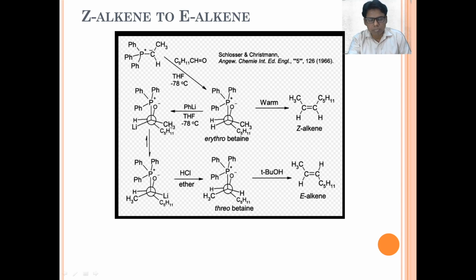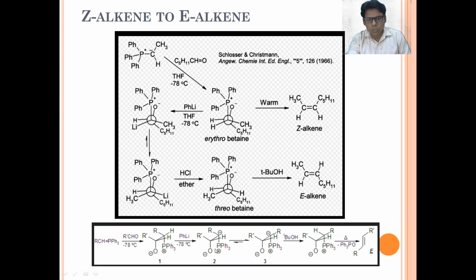Here the bulkier groups methyl and C5H11 they are together, but in this case they are away, and then lithium comes back here. When hydrolyzed, you will get hydrogen here, and in earlier case hydrogen was here, now it is here. Earlier was erythro betaine, this is threo betaine, which upon further reaction with tertiary butyl alcohol gives E-alkene.